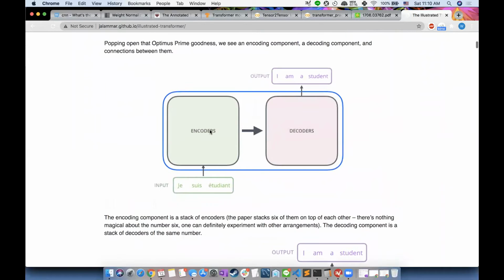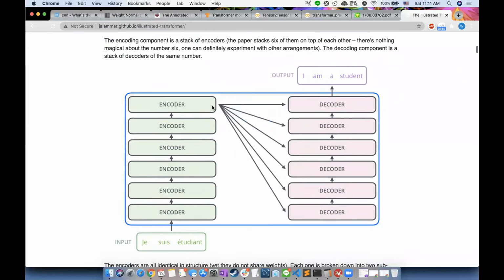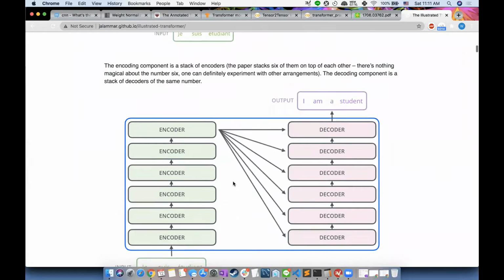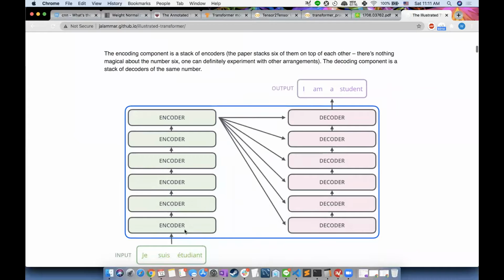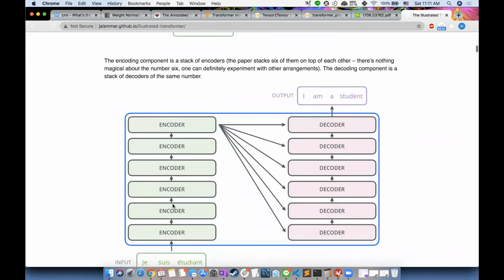And it's not just one encoder, it's not just one decoder, it's actually a bunch of encoders and decoders stacked against each other. So yes, the encoding component is a stack of encoders. The paper stacks 6 of them on top of each other, meaning whatever you output flows into the input of another encoder layer.